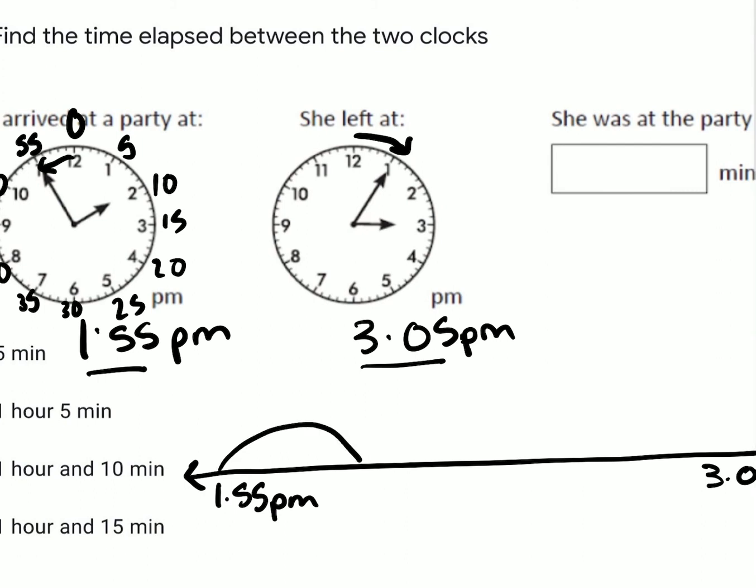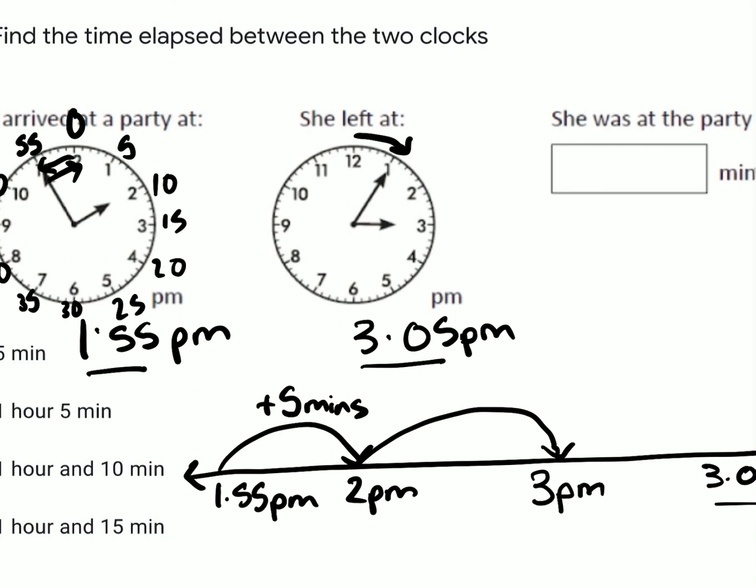So from 1:55 p.m. I'm just going to take that to the nearest hour. And the nearest hour is just 2 p.m. We can see from the clock as well, we've just got 5 minutes until 2 p.m. So if we add 5 minutes, we'll be at 2 p.m. And then from there, we need to get to 3:05. So let's take it to 3 p.m. Let's just deal with the hours first.